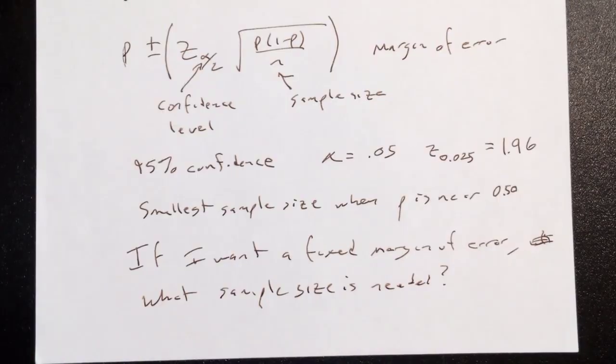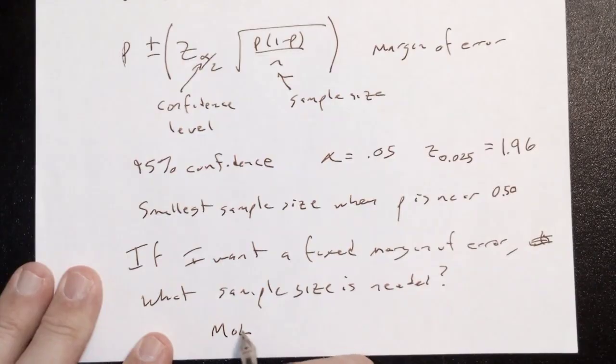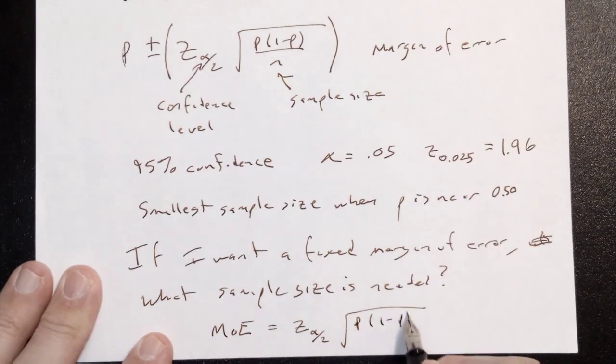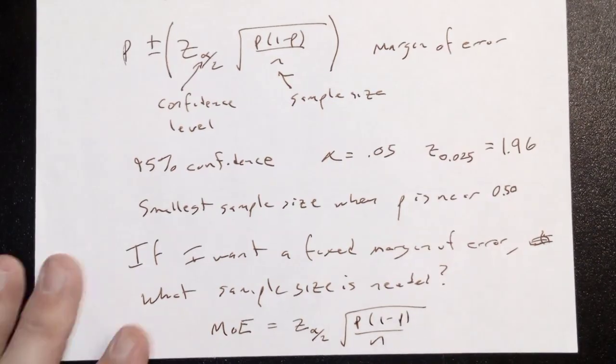Well, remember that entire term inside the parentheses, that's my margin of error. So let's take that and solve for N. Margin of error equals Z alpha over 2 square root P times 1 minus P over N.